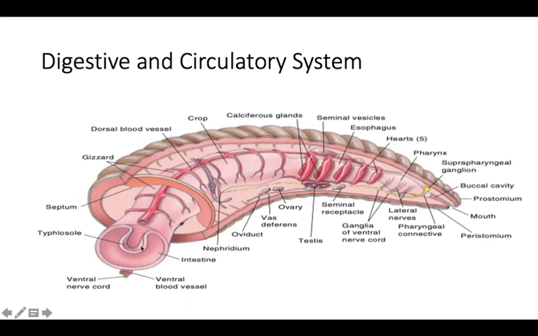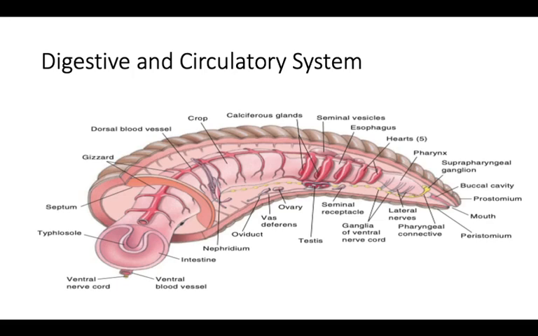These invaginations are meant to increase the surface area, and are called typhlosoles. Apart from the typhlosoles and the gizzard, there is another interesting thing present, called calciferous glands. These calciferous glands are meant for dealing with extensive calcium demands inside the digestive system.